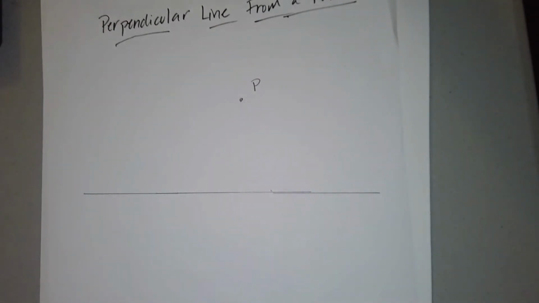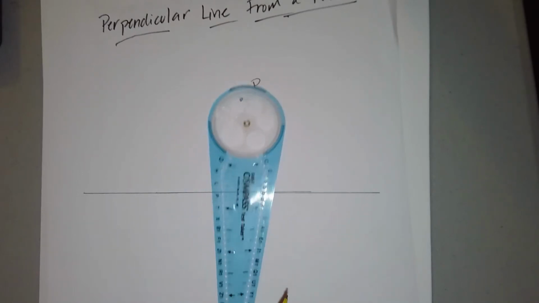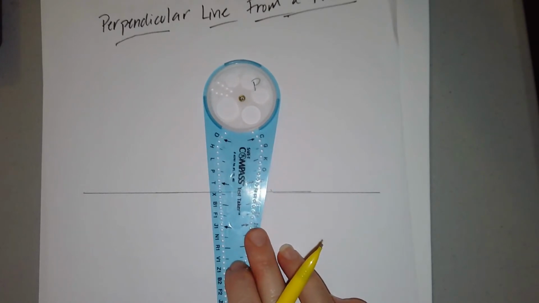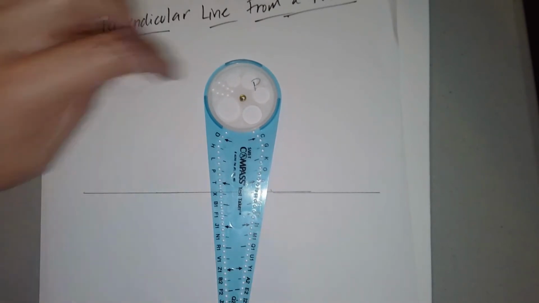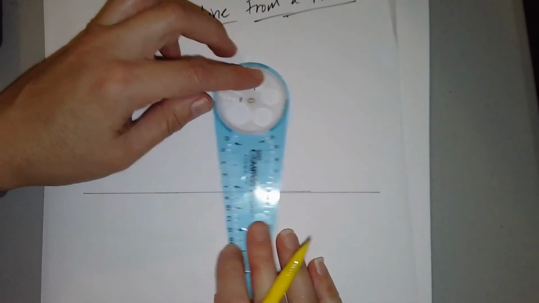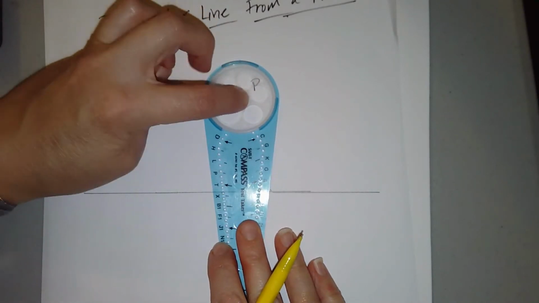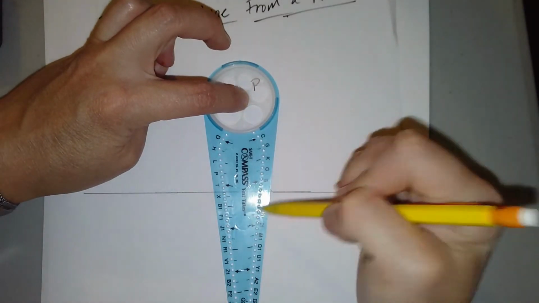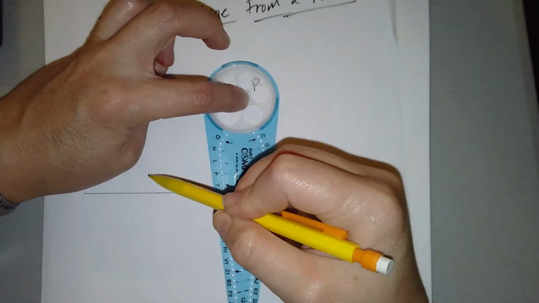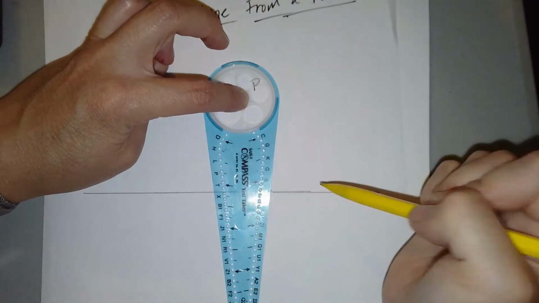Okay. So the first thing we want to do when you're constructing a perpendicular line from a point is put your compass on point P. So put it right there. And then pick a distance so that I'm going to swing this around so that it crosses this line on both the left and the right.